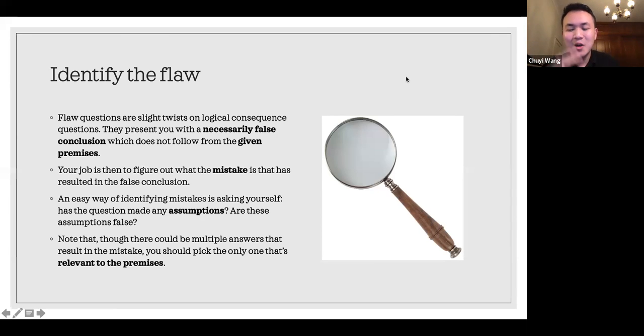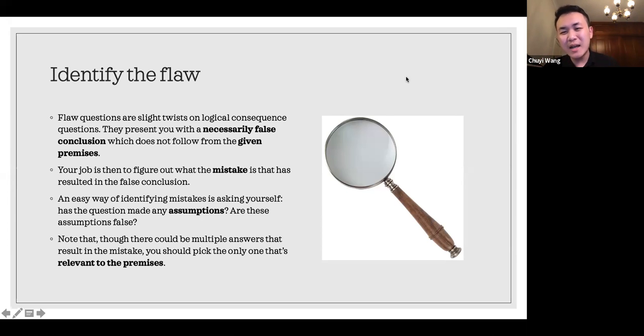Don't add extra stuff that isn't there. Only ask yourself which of these answers, intuitively, using your common sense, seems like the mistake that the person has made. I'm going to show you in the next question why you have to use common sense. A lot of our students got this next question wrong as well because, like I said, they overthought it.